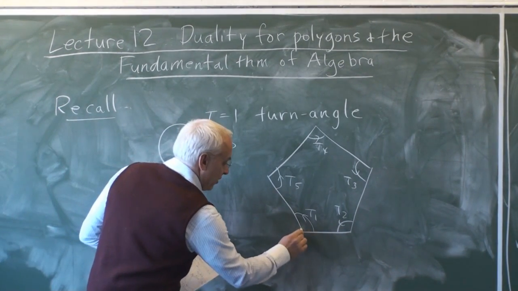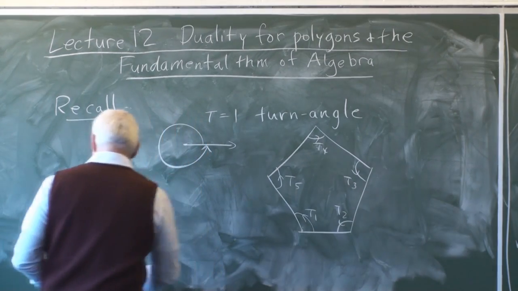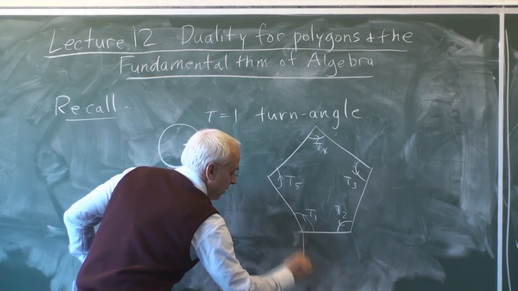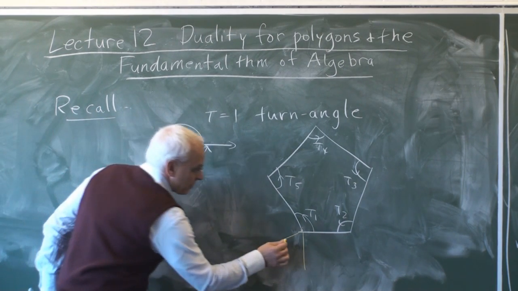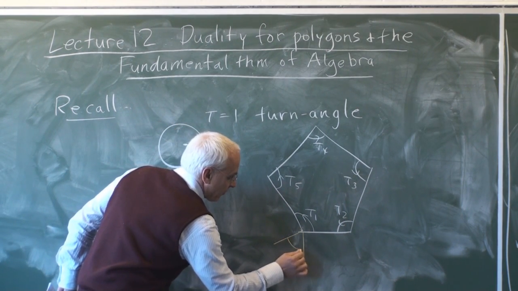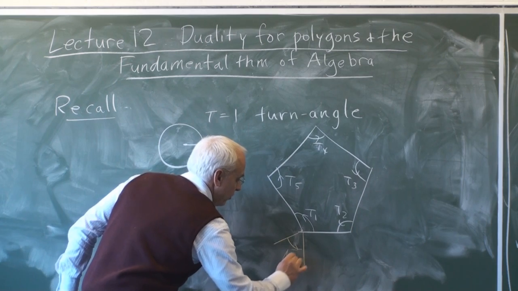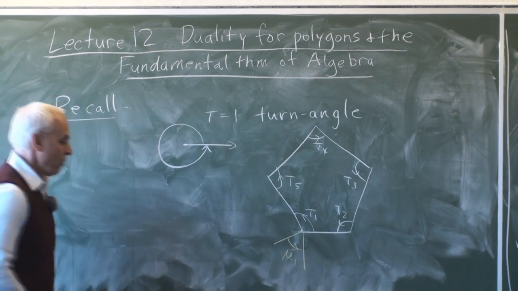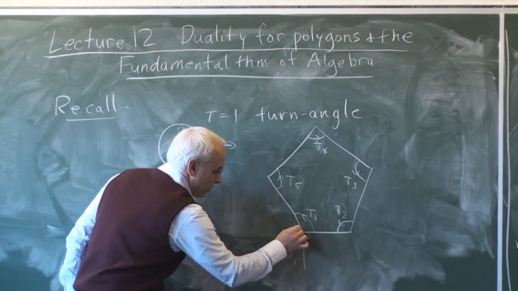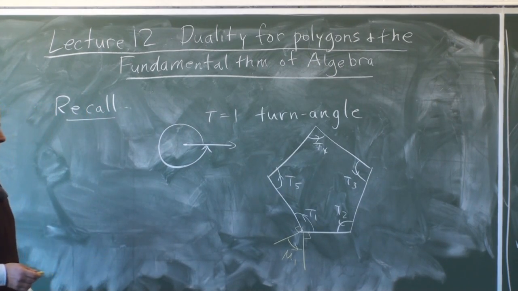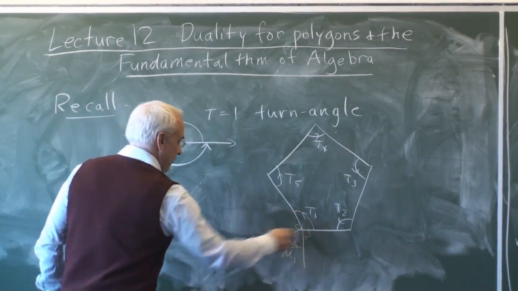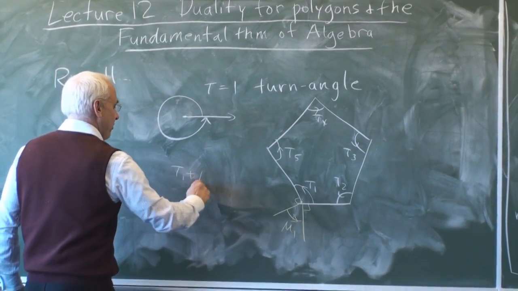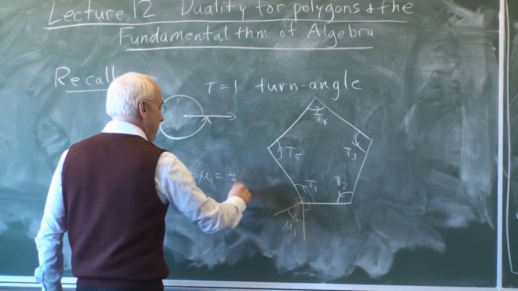And over here, we can also talk about the external turn angle, or the curvature at this vertex. I called it mu1, where these lines here are obtained by going perpendicularly from the sides there. I remind you that in this kind of situation, tau 1 plus mu1 added up to 1/2.